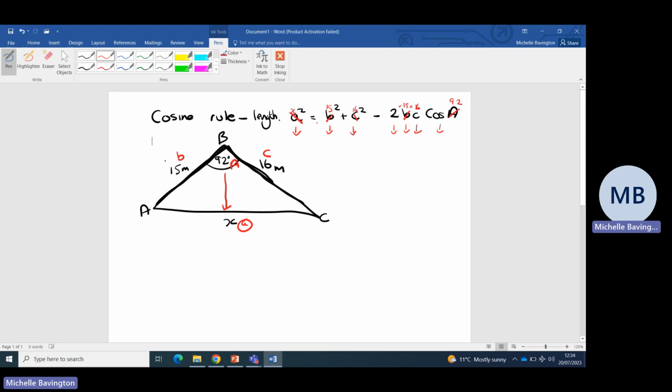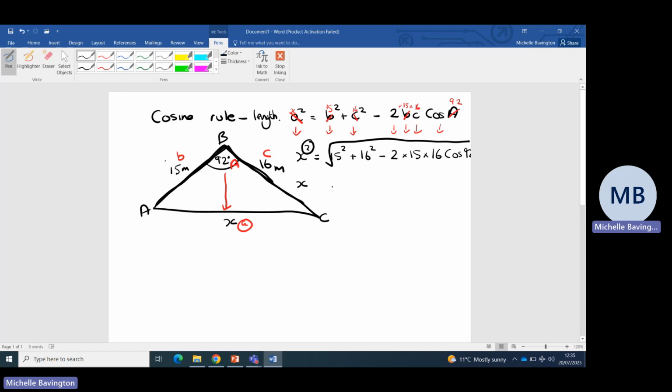I've got x squared equals 15 squared plus 16 squared minus 2 times 15 times 16 cos 92. I've got a squared here and I need to get that on its own, so the opposite of a square is square root.